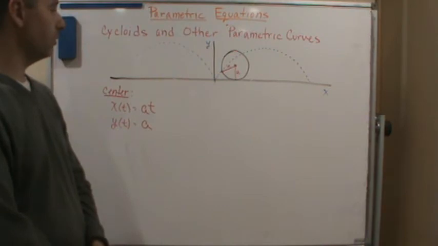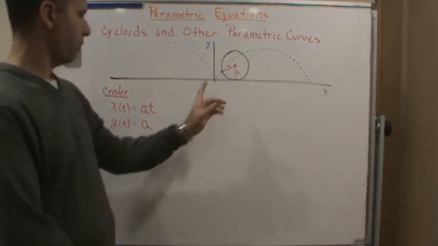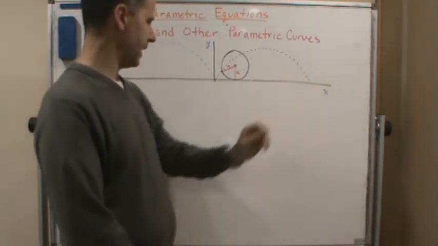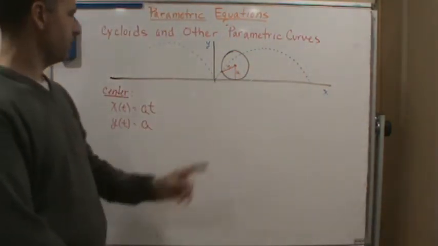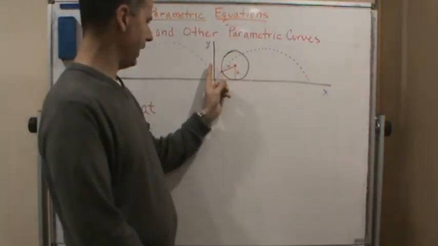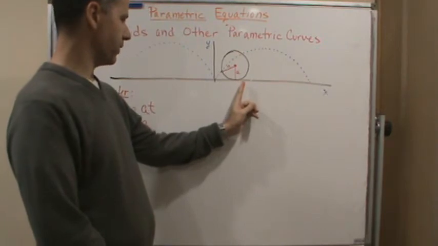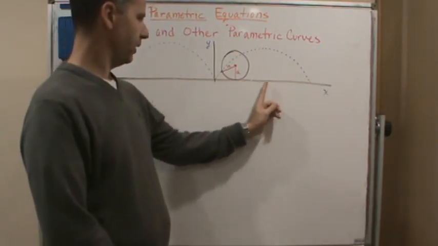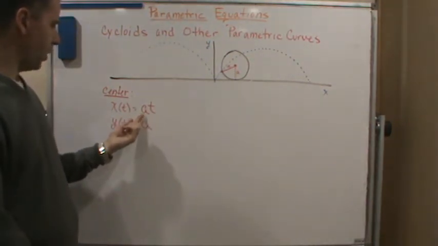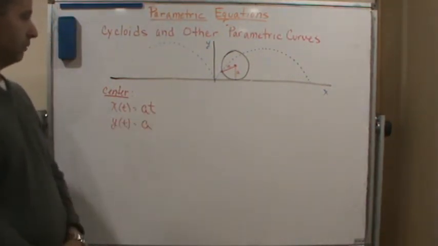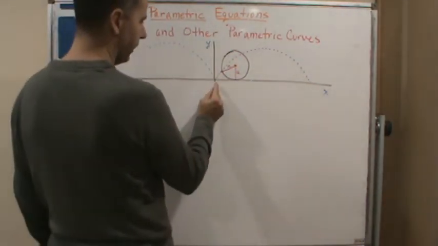It's a circle, so it's always going to be the same distance above the x-axis as it rolls. The center is just going to be some distance from the y-axis, for some value of t. So it just keeps going further and further. We can just say it's going to be some multiple of the radius.